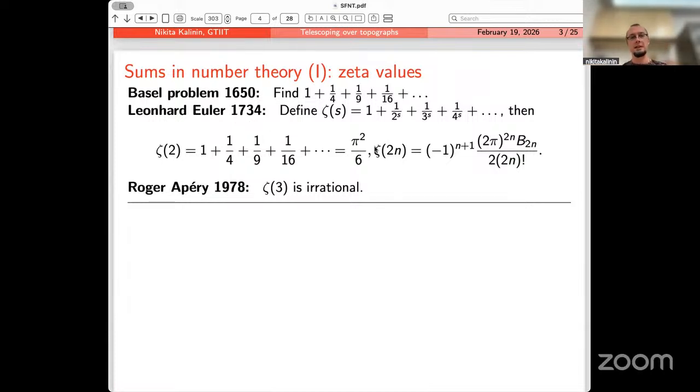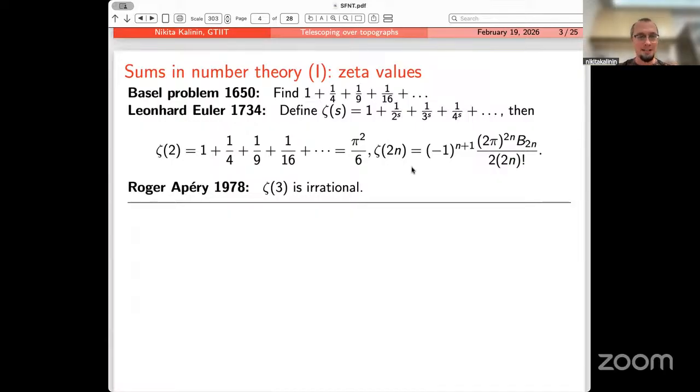pi squared over 6. And he defined the zeta function of Riemann, and he proved a lot of statements about the zeta function and Bernoulli numbers and so on. So for me, it's curious that it's called the Riemann function, because it should be called maybe the Euler function.